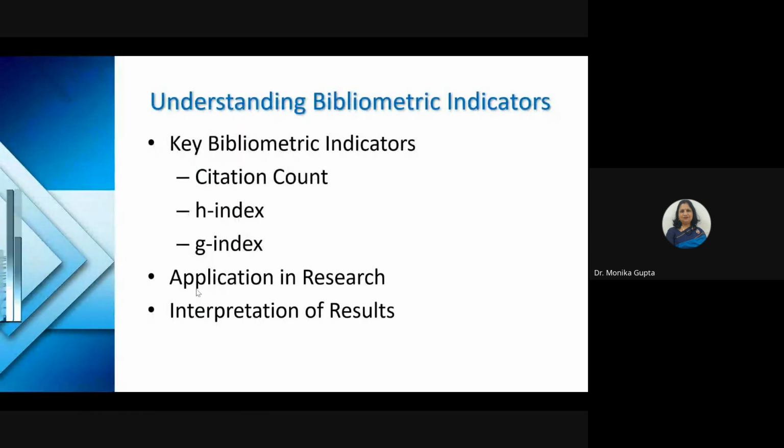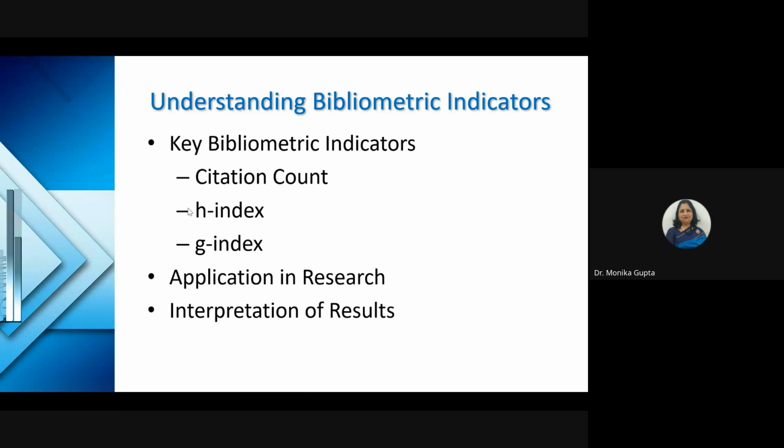Right. Now, understanding bibliometric indicators. So there are the key bibliometric indicators, as the name suggests here. You can see on the screen also. Bibliometric indicators are essential metrics that help in evaluating the impact of research.